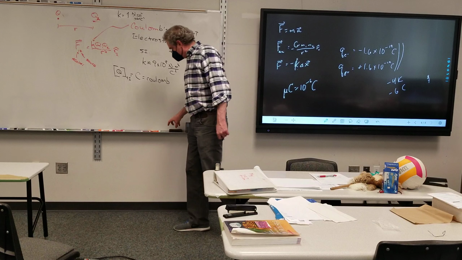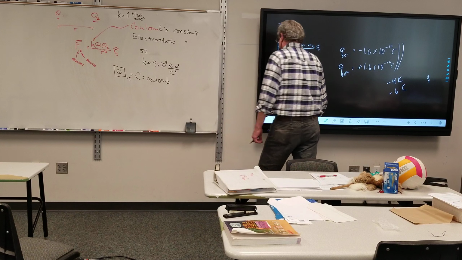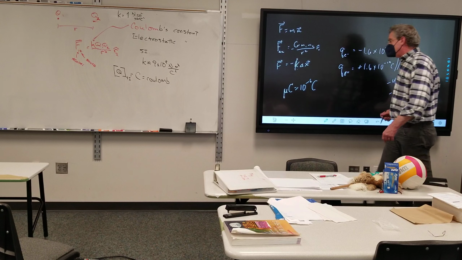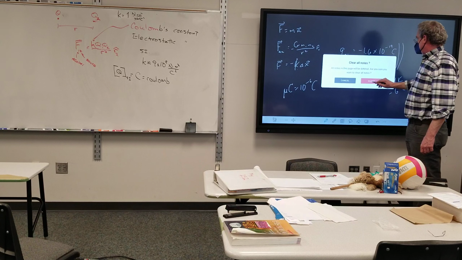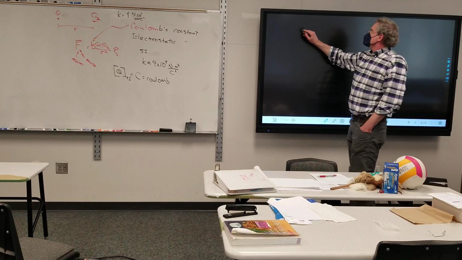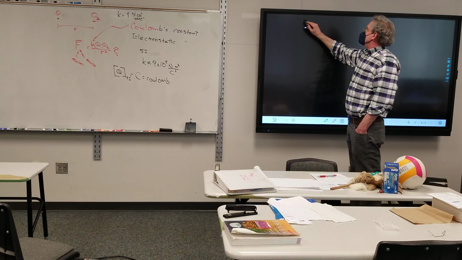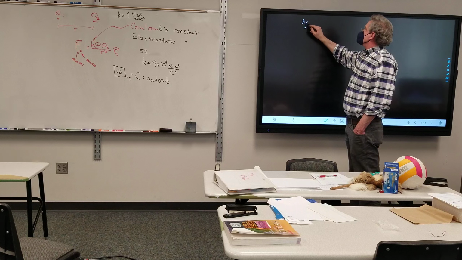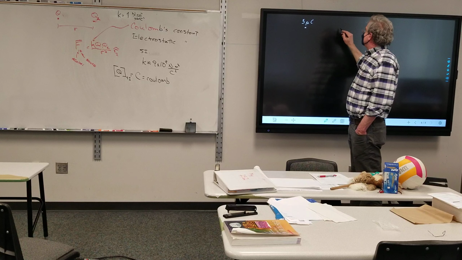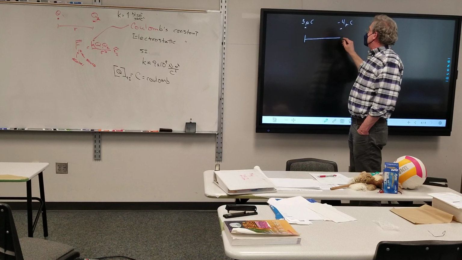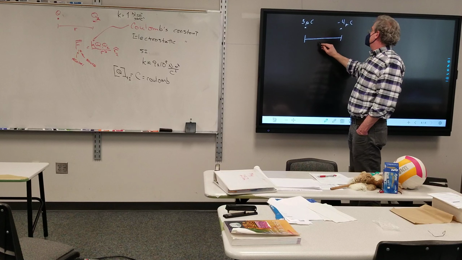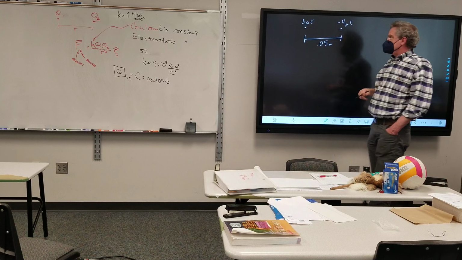All right, so let's do a quick plug and chug. I have a 3 microcoulomb charge here. I have a -4 microcoulomb charge there. And let's put 0.05 meters between them.